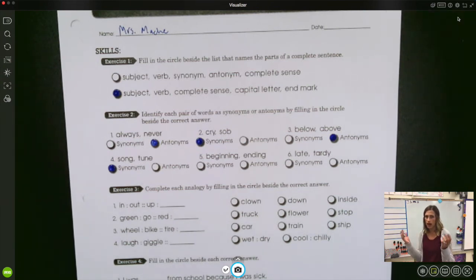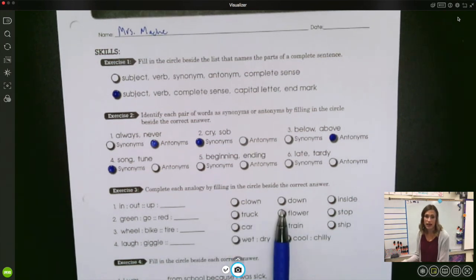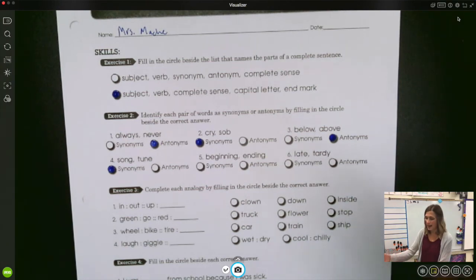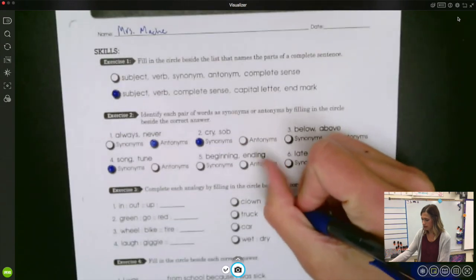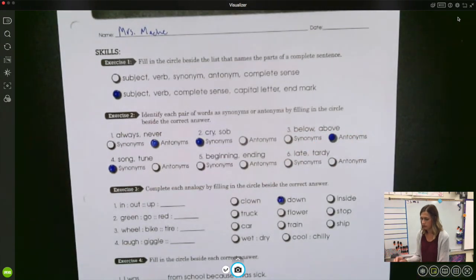In, out. Those are antonyms, right? You can't be in and out at the same time. So those are antonyms. So what would be the antonym or the opposite of up? Clown, down, or inside? Down, up, down. So down would be the opposite. That's the bubble we need to fill in.